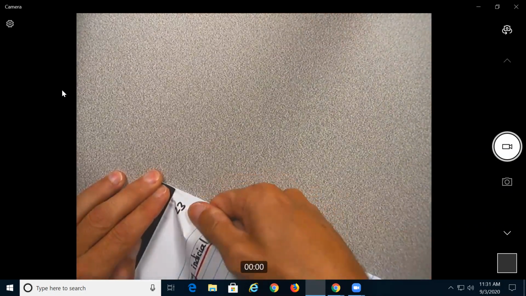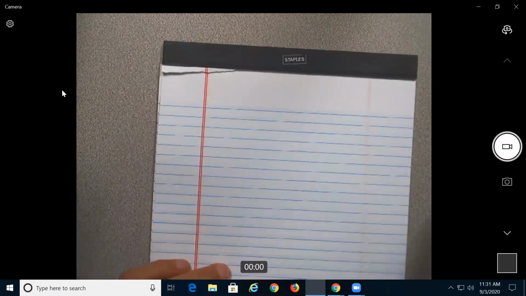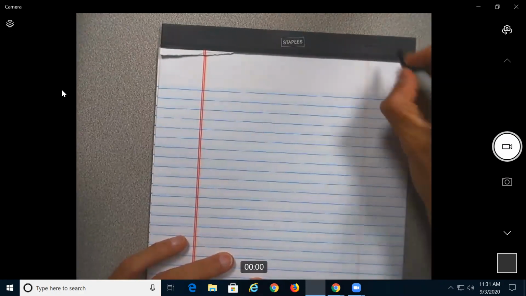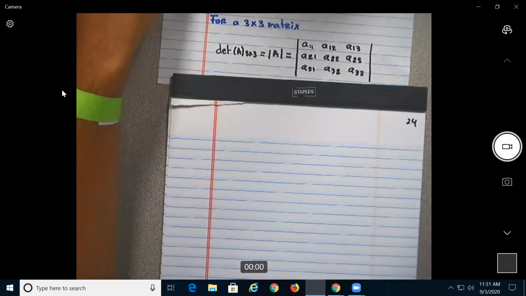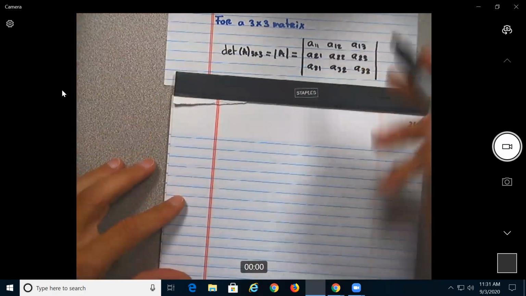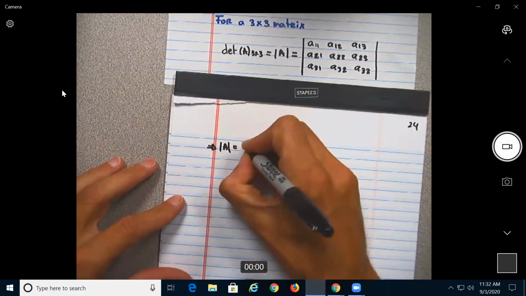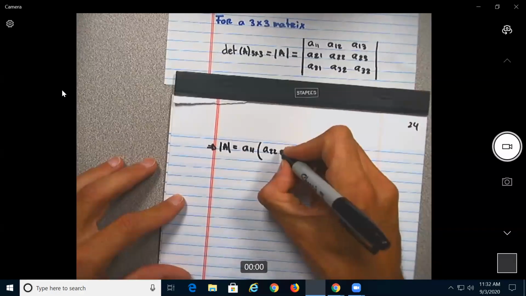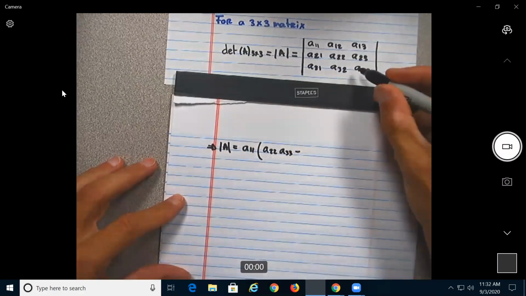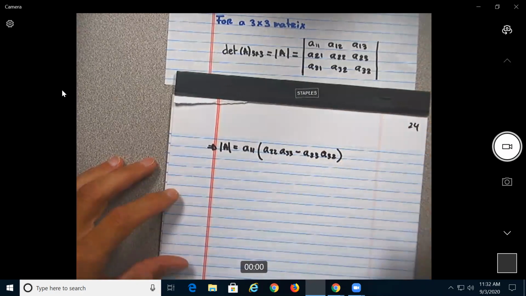Okay, looks like I'm going to break it. So if we look at the matrix over here, this should be equal to A11 times the factor of what? A22 times A33 minus A23 times A32.